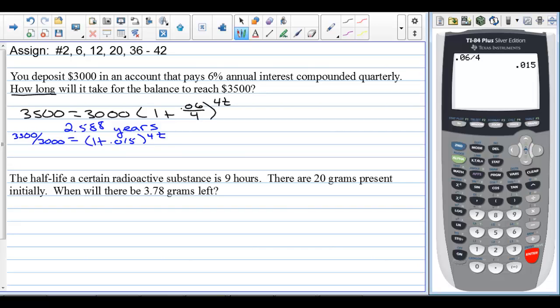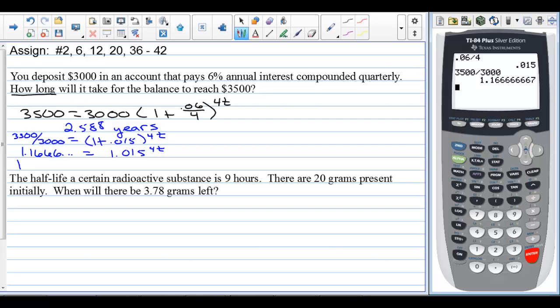So we do the division. Let's find out what 3,500 divided by 3,000 is. And we get 1.1666, keep on going, equals 1.015 to the 4t.